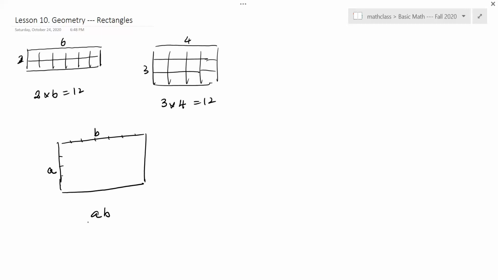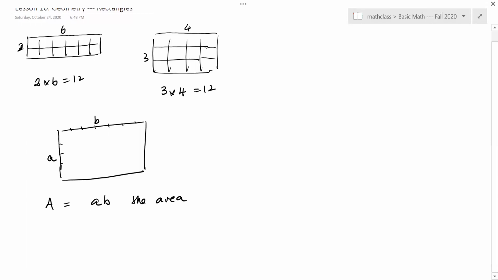For example, if A and B are both integers, then A times B is the number of unit squares inside this rectangle. That is called the area. So we introduce a new notation: area. If A and B are integers, area tells you the number of unit squares contained in the rectangle.